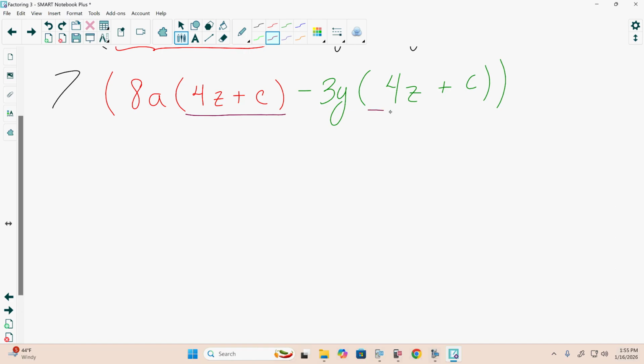Because now we can factor 4z plus c out of both terms. If I factor it out of the first, I'm going to be left with 8a.